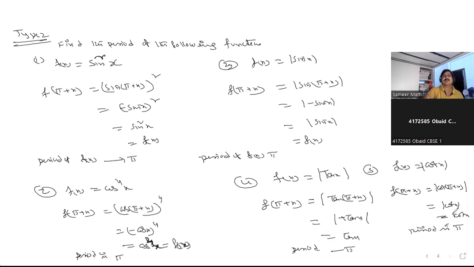You have to be careful. While doing the problem, you should have a little idea that even powers definitely are going to affect the period. Modulus is also going to affect it for some functions, not for all. Like this, see, cot and tan are not going to be affected. We are getting our same period in this case.